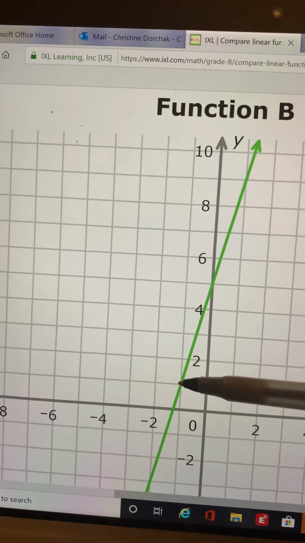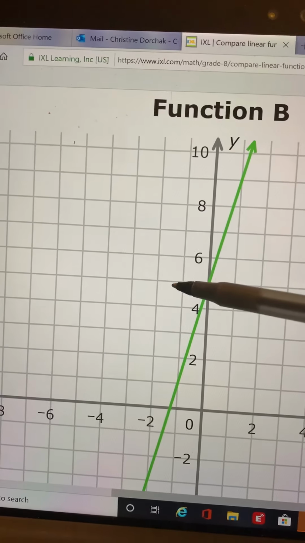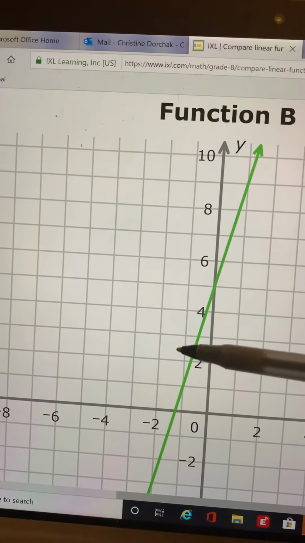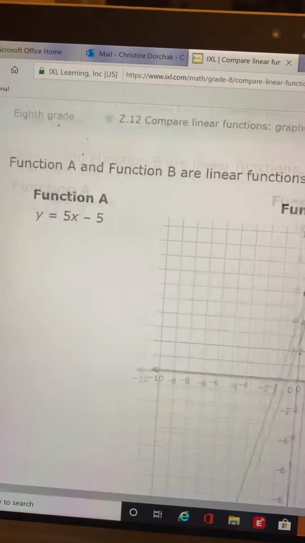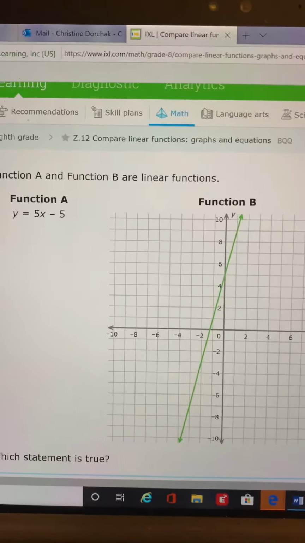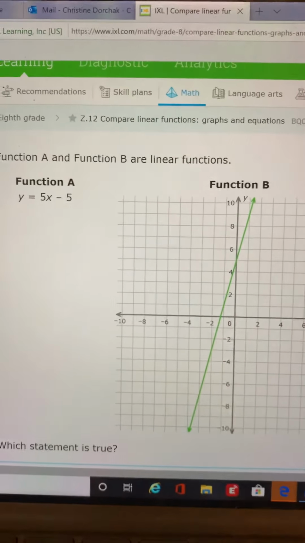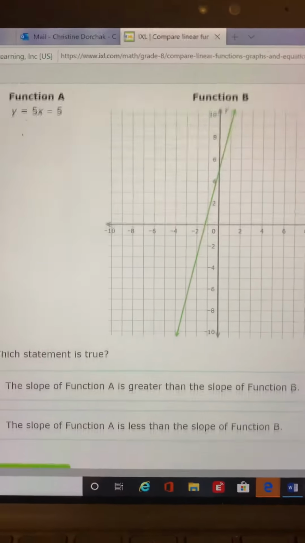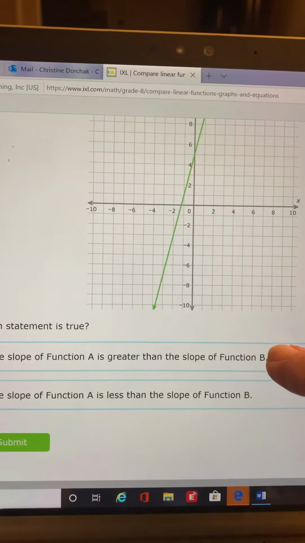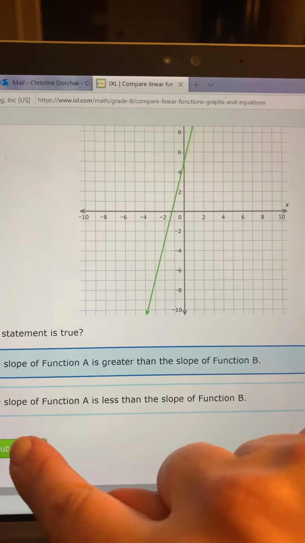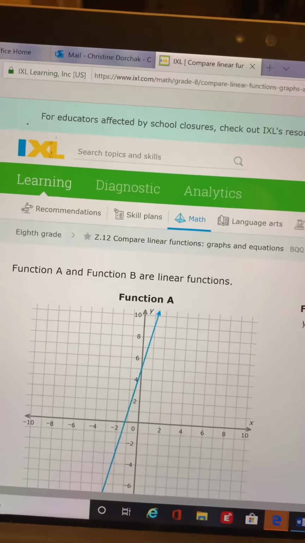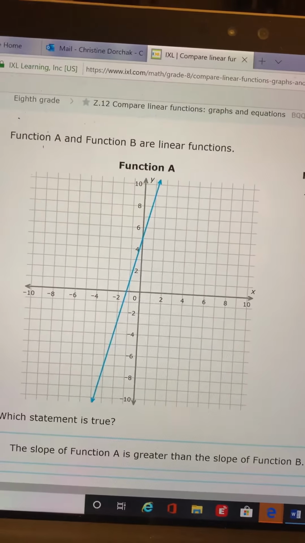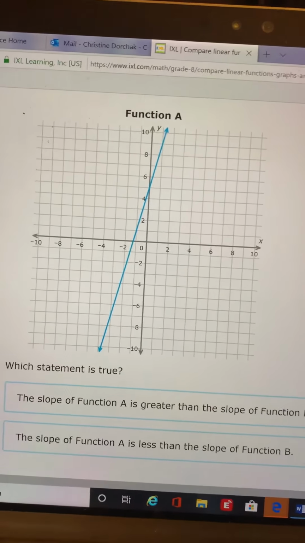I'm going to confirm that down here: 1, 2, 3, 4 over 1. So the slope of function B is 4 and the slope of function A is 5. So the slope of A is greater than the slope of B. Now some of you might have to write those pieces down to make sure you understand.